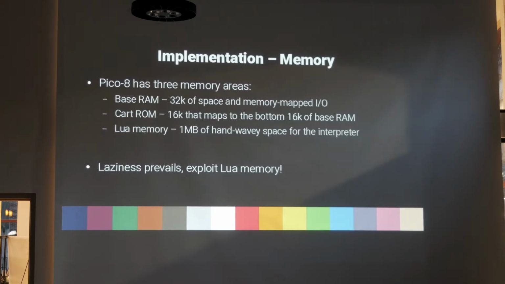There's also a meg of really hand-wavy Lua memory, which is there for the interpreter. You're not really supposed to exploit it, but it's there, and you should use it because it makes your life a lot easier. This is one of the areas that I would definitely recommend just kind of walking around the limitations that PICO-8 gives you, because it just makes life way easier. Yeah, I'm lazy. Use Lua memory.